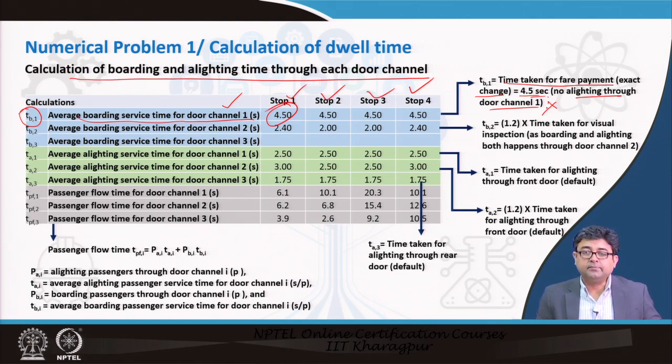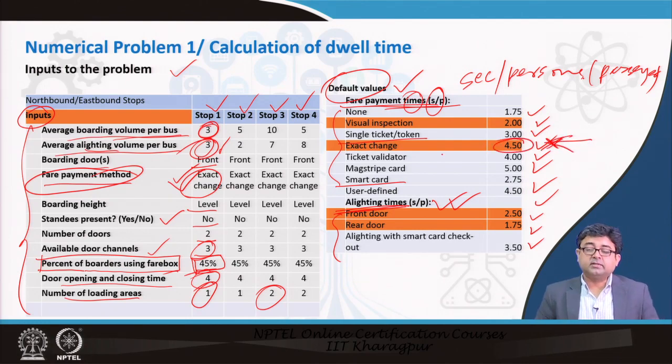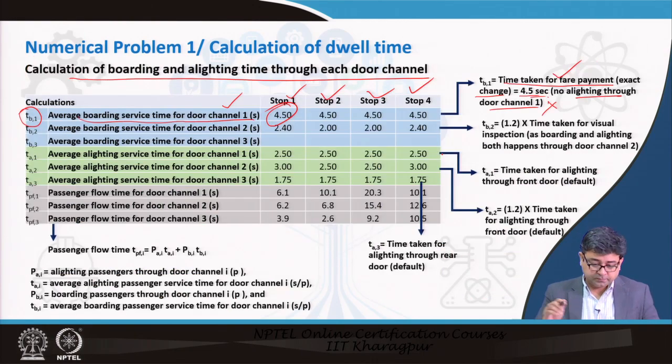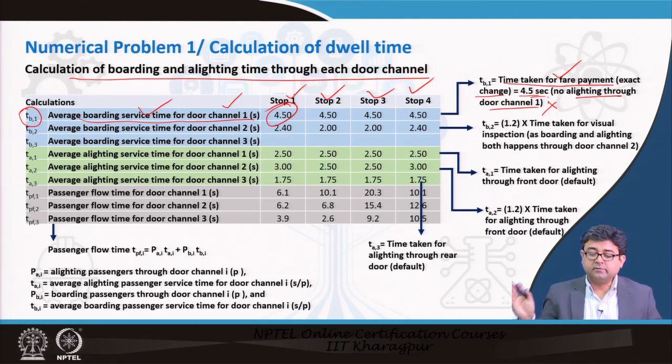So, it will be only the time that is needed by people to board, and we already know that time is equal to the time taken for fare payment in case of exact change. Since we have already shown that these are using exact change, we know that the time taken for exact change is 4.5 seconds. So, the average boarding service time through channel number 1 for stop 1 is 4.5 seconds. It is as simple as that.